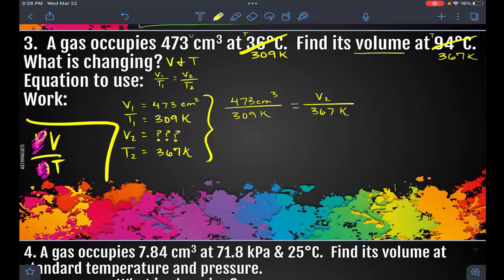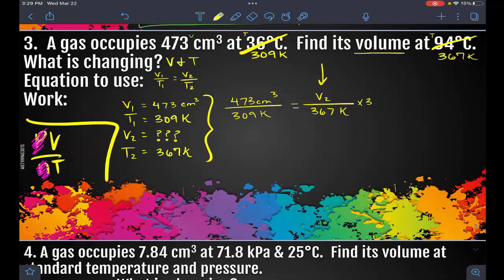All right, I'm going to show you a different way to solve this one. You could cross multiply. You could multiply V2 by 309 and set that equal to 473 times 367. That would work. But I'm going to show you a different way because V2 is almost by itself. So close. And it's on the top. So it's divided by 367.